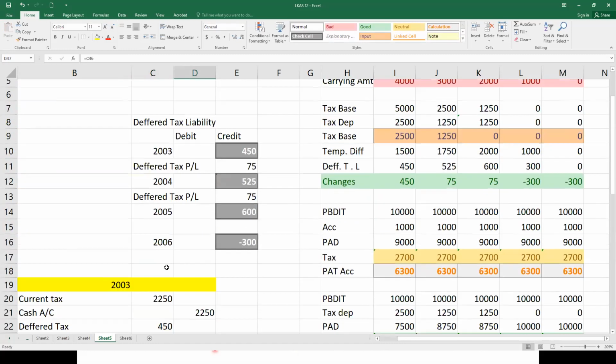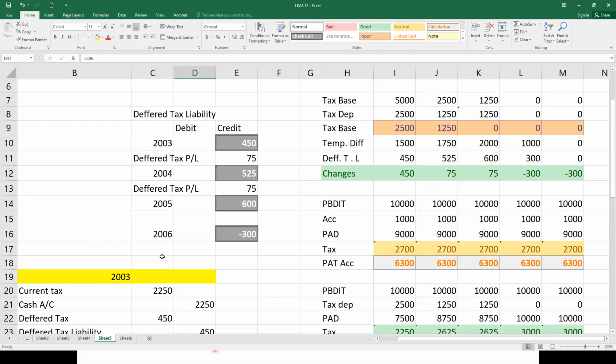See, now at the end of 2007, the account balance will be 0, right? Then how much do we have to provide?